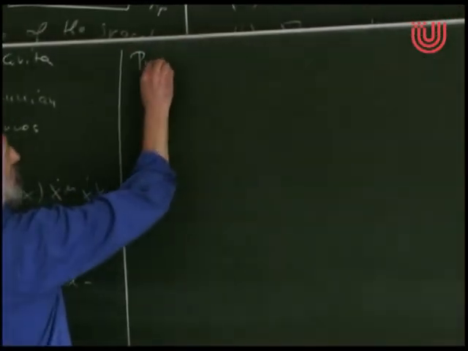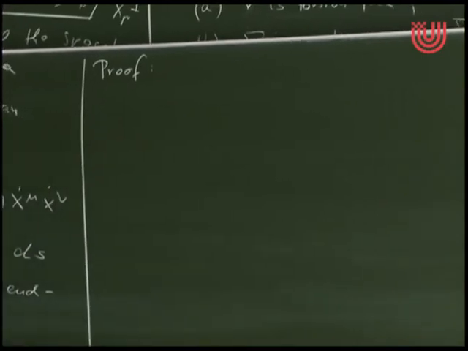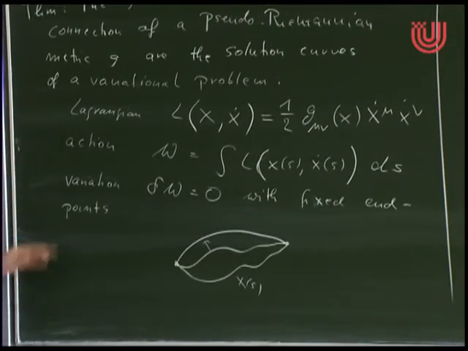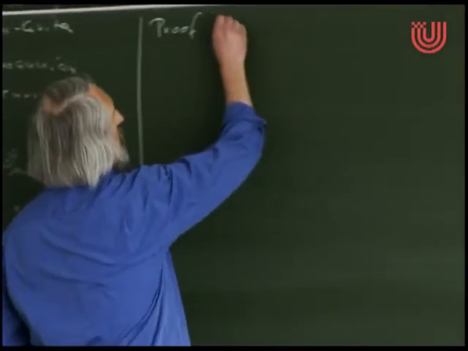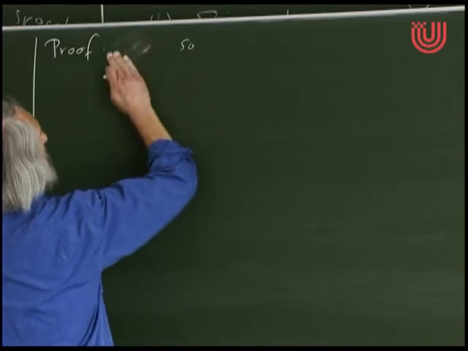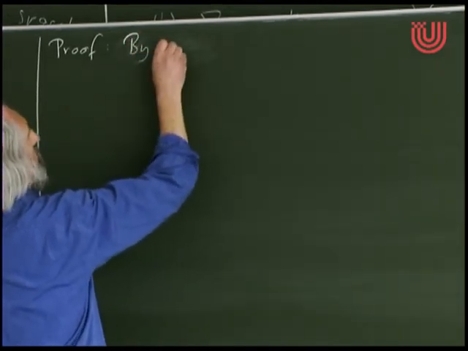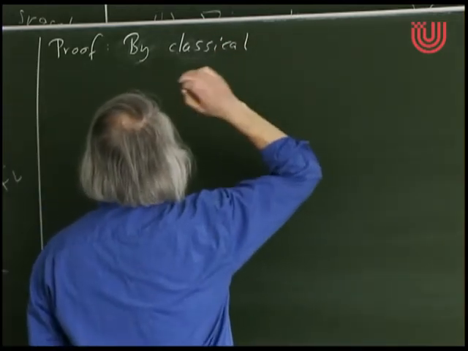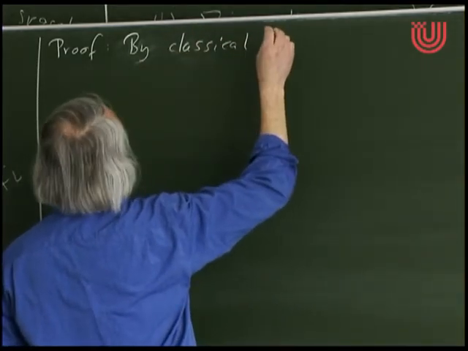And of course, we have to recall some basic facts from classical mechanics. What you prove in classical mechanics quite generally is that the solution curves of this variational problem for an arbitrary Lagrange function are given by the Euler-Lagrange equations. Of course I cannot repeat this here, so I just have to hope that everybody remembers this from classical mechanics.